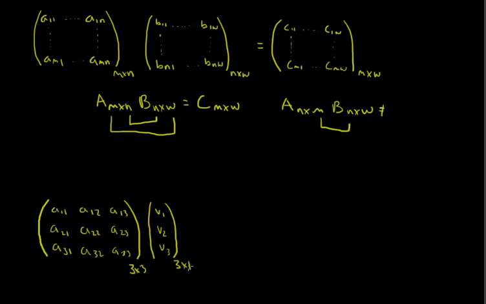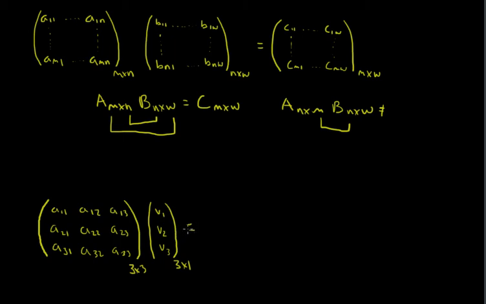Vectors only have 1 column dimension. If you use the rule of seeing if the inner dimensions match, you can see that we have a 3 by 3, so those match, so our resulting matrix multiplication is going to give us a 3 by 1 matrix, so we're going to get a vector from this.